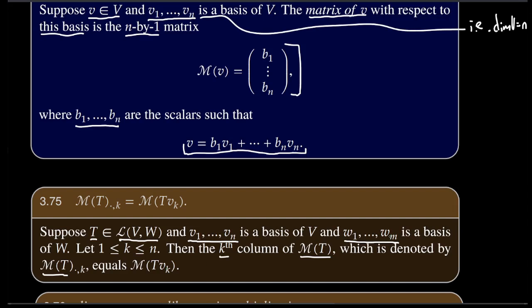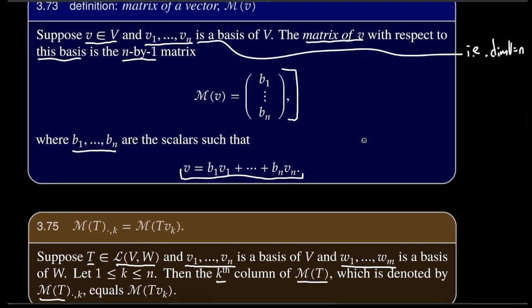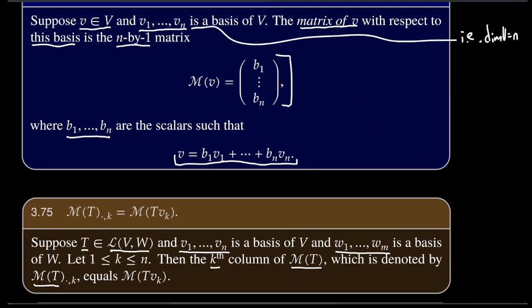Right? Okay. Well, what this is saying is that the linear combination of W1 through Wm that gives you T(vk), its coefficients are precisely the kth column of the matrix of T. But that's exactly how the matrix of T is defined.